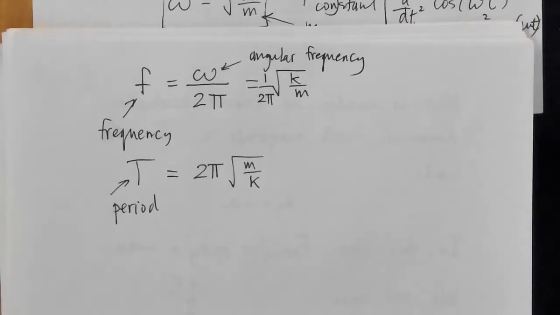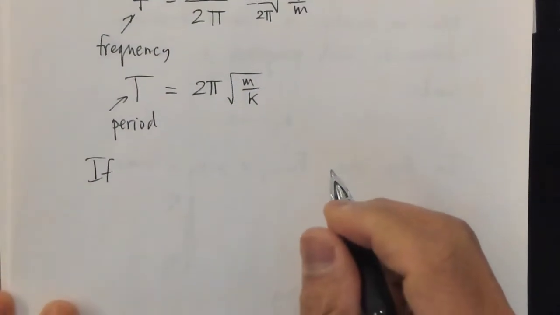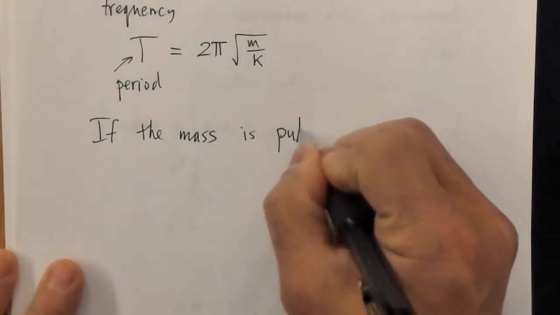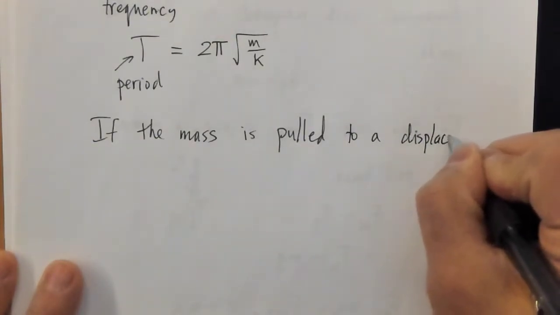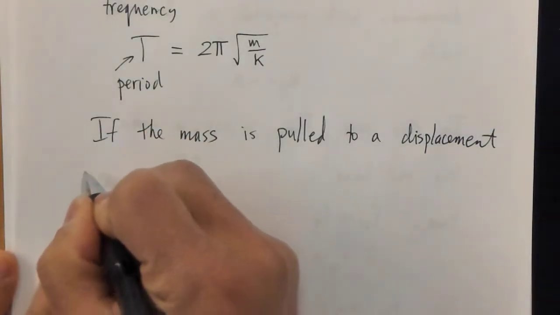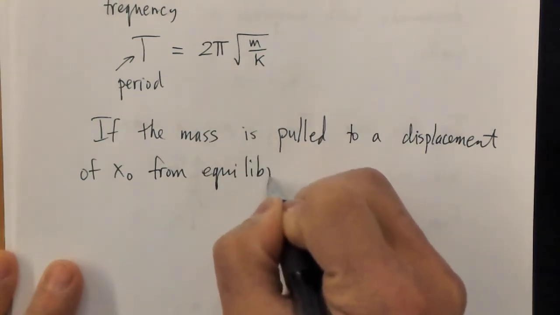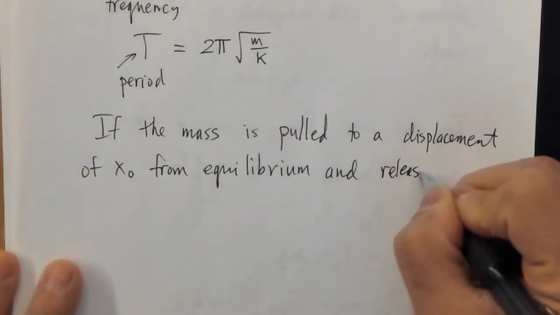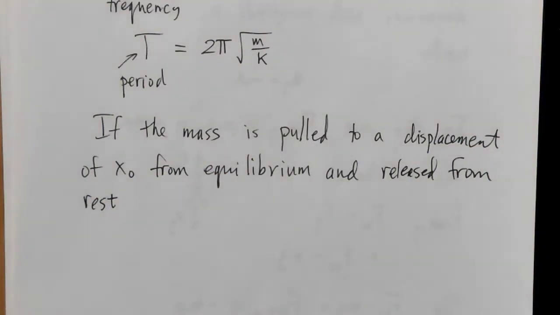Let's say the mass is pulled to a displacement of x0 from equilibrium and released from rest, meaning you don't give it a kick. You just let it go, release it from rest.